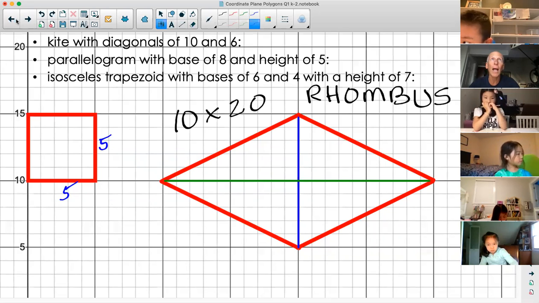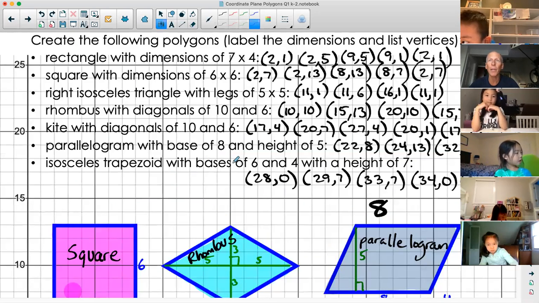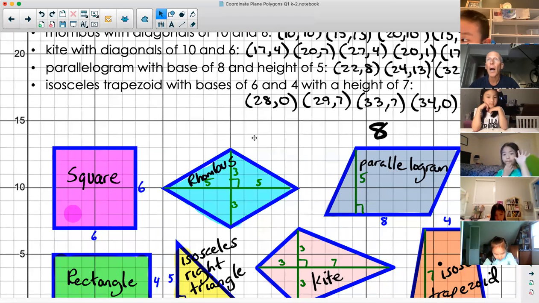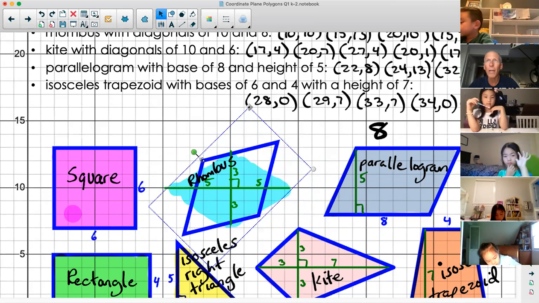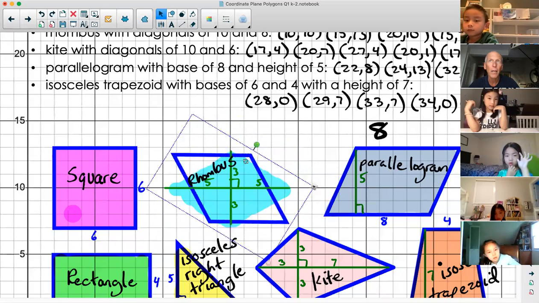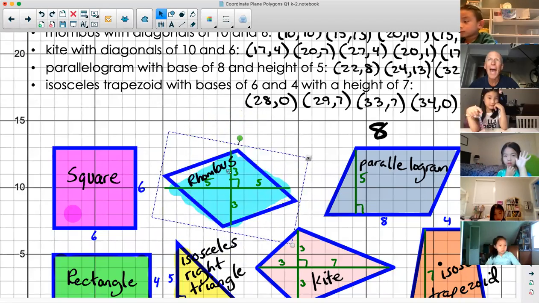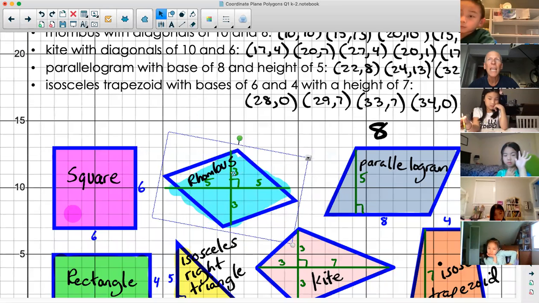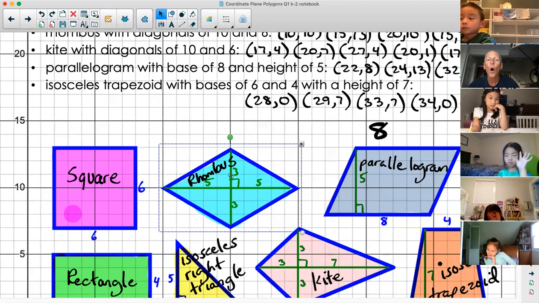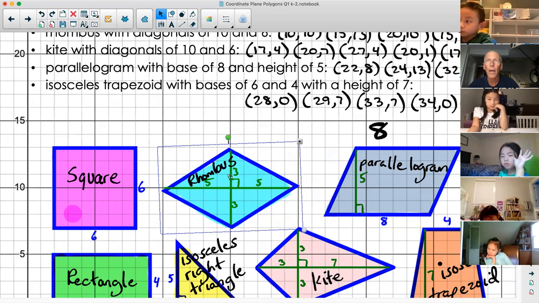In fact, Alice, I want you to see what I'm going to do right now. I'm going to look at this rhombus. Is it sideways now? Yeah. Does it matter how I draw the rhombus?